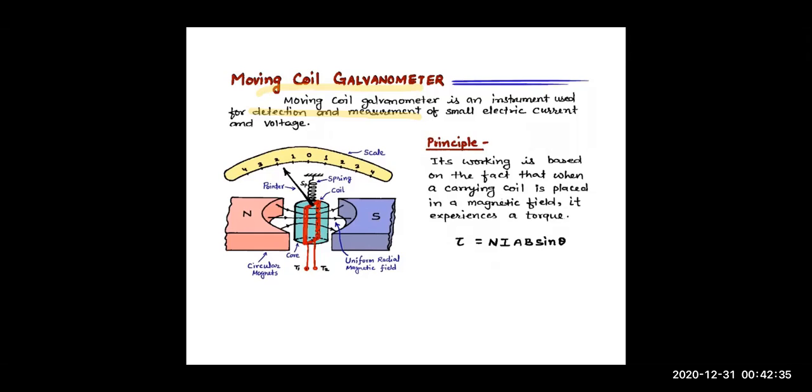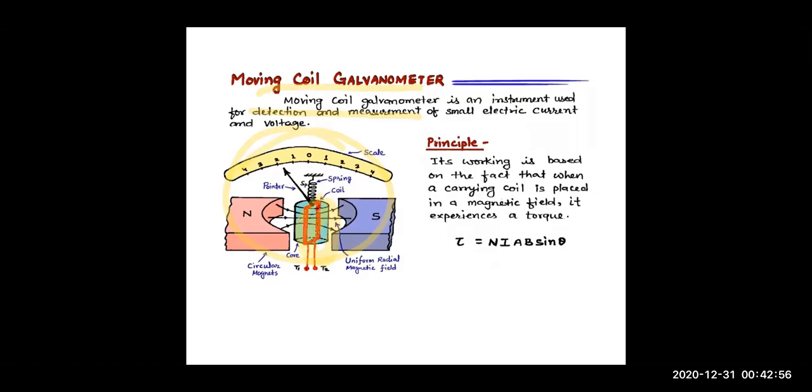Deflection method means when we place this device in any electric circuit, then the current will flow, the current that is flowing in the circuit. Due to the current that is flowing in the circuit, there will be deflection in the coil, this red coil, which is present in the galvanometer.